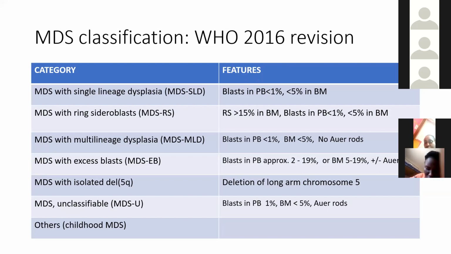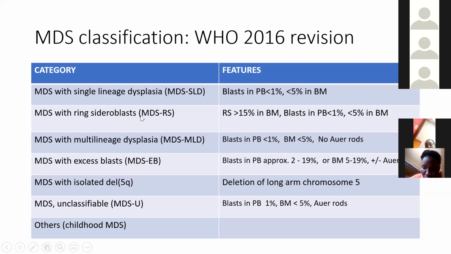In the normal individual, we should not see blasts in circulation, but in MDS, we do tend to see blasts in circulation, but in this category, they are less than 1%, and even in the bone marrow, they are less than 5%. So in the bone marrow, those are normal numbers of blasts. However, you will see those dysplastic changes. So those are standard. Dysplastic changes will be standard.